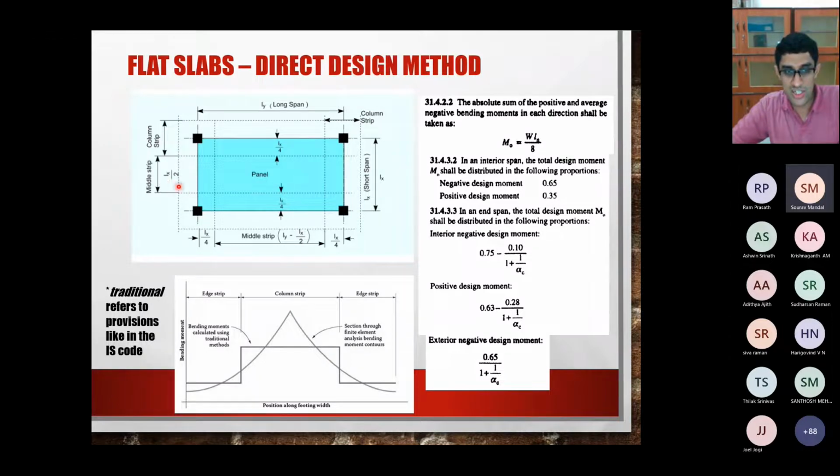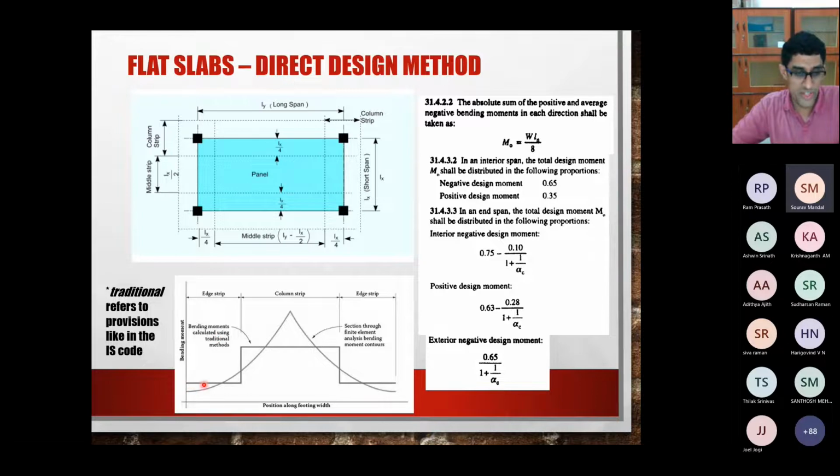If I cut a section over here and draw the bending moment diagram, if you do the equivalent frame method or some other more accurate method, you get this as your moment distribution. If you use the direct design method, or traditional methods, the traditional method is like the direct design method. Actually, the word is wrong, it should not be called traditional.